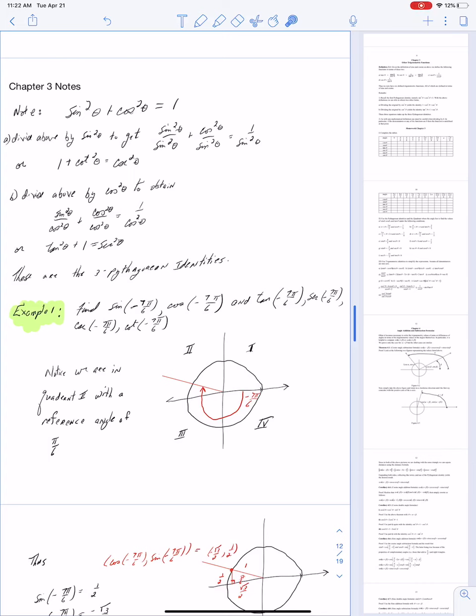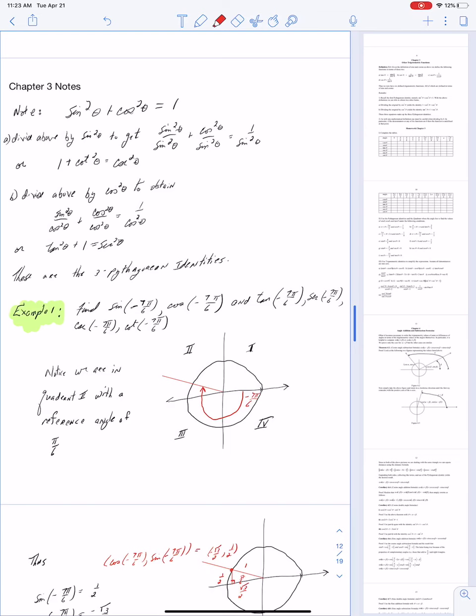With our new definitions, sine squared over cosine squared is tangent squared theta. Cosine squared theta over cosine squared theta is just 1, and 1 over cosine squared theta is just secant squared theta.